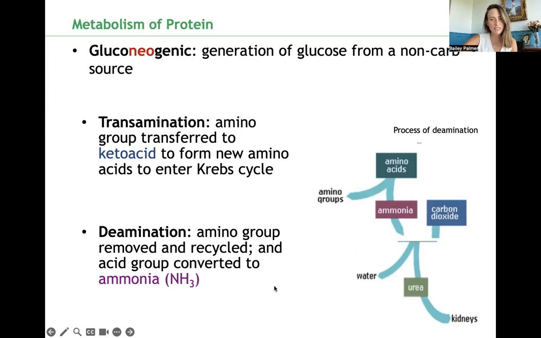The acid group is converted to ammonia. And so that's what this picture on the right shows. We have our amino acid, the amino group's removed, and it is turned into something called ammonia. So ammonia is a base that can upset the acid-base balance in the body.